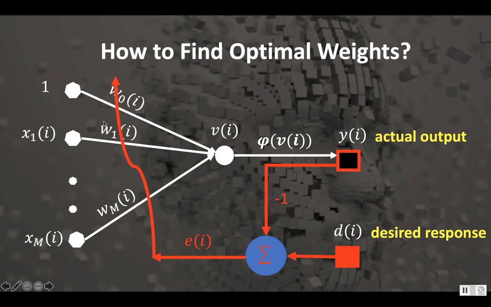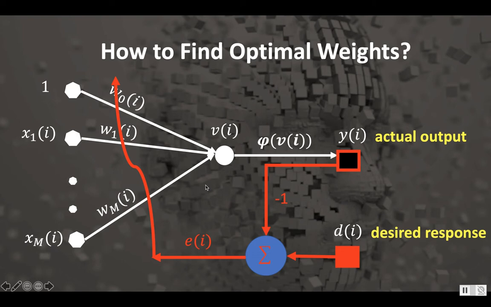They could be equal to each other when the system is perfect. You get the optimum W0, W1, and Wm if you have M inputs. If the actual output and the desired response are equal to each other, that weight is called the optimal weight. So the goal is how can we find the optimal weight? This is how we do it.